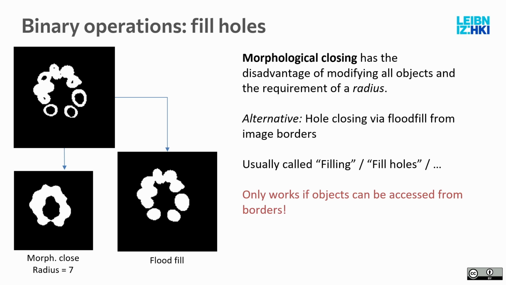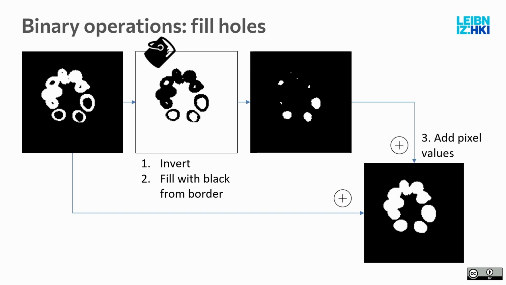So how does it work? Well, it's basically doing the same as the paint bucket in MS Paint. Because basically you take the original image, then you apply a paint bucket outside, somewhere at the border, on the pixels that are white after inverting the image.